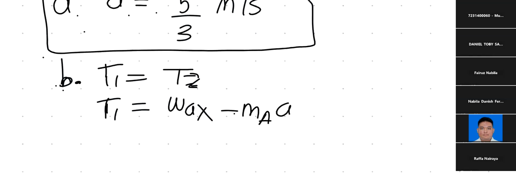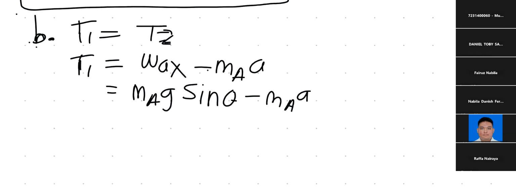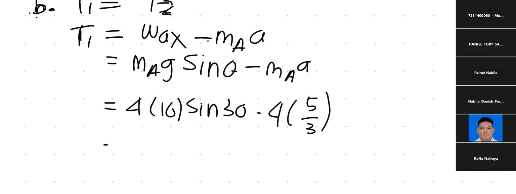We already know the acceleration. And for this, all you have to do is plug in the values. This is 4, this is 10, this is sine 30, 4 times 5/3. And what you're gonna get is 40/3 newtons.